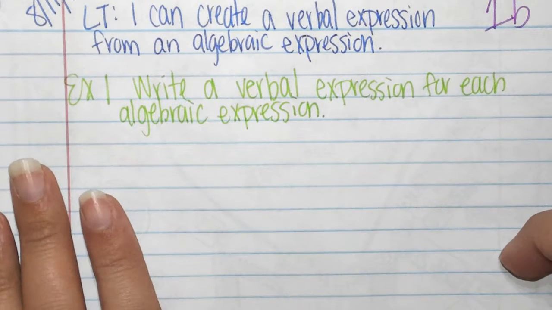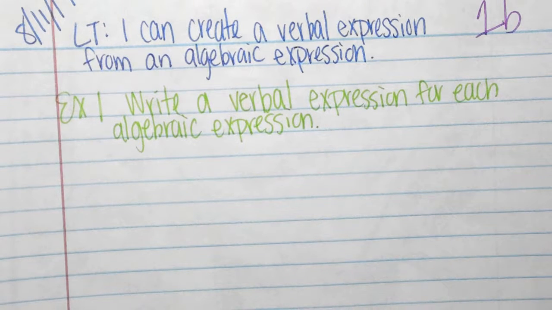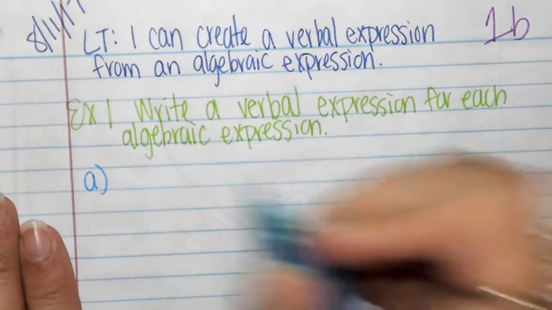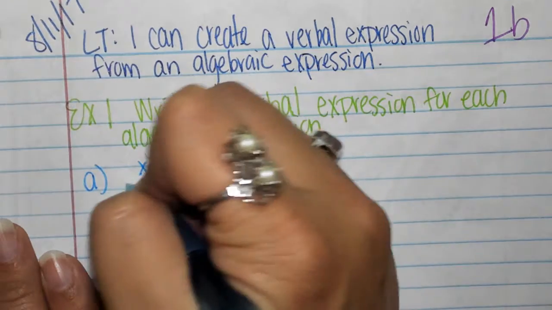Can everybody see the board? Do I need to zoom or anything? We good? Move it down? Is everybody comfortable? All right. So our first example is problem A, and it says this.